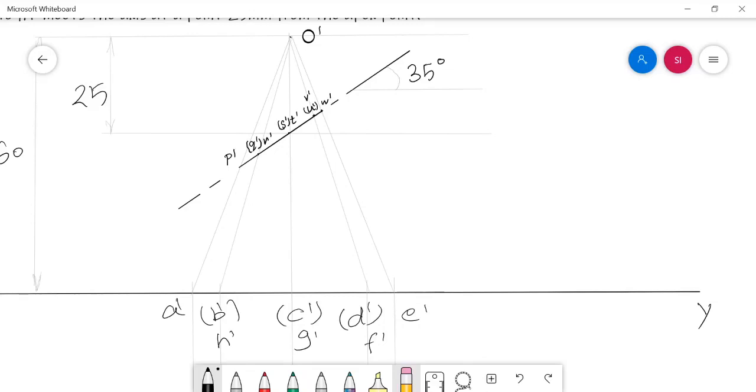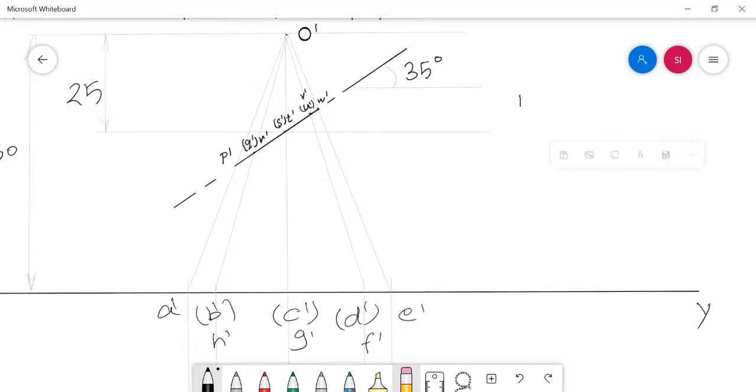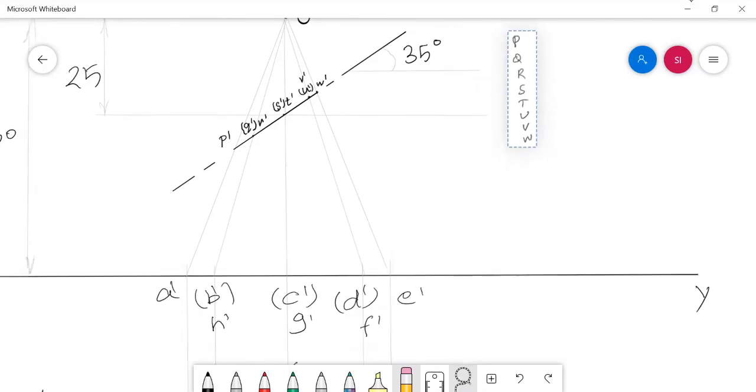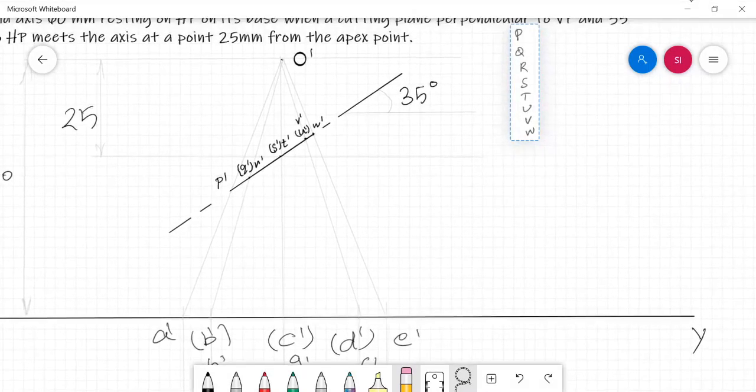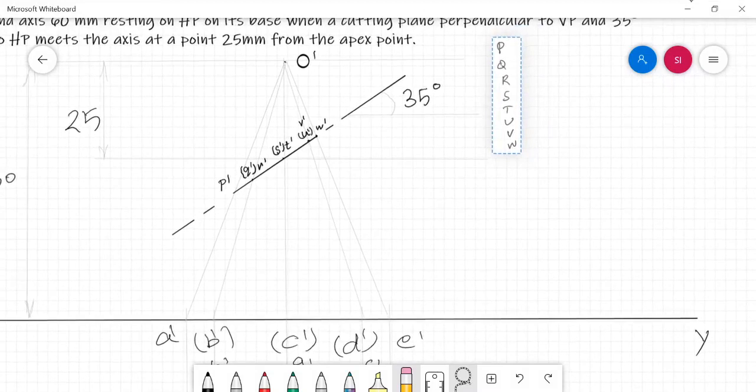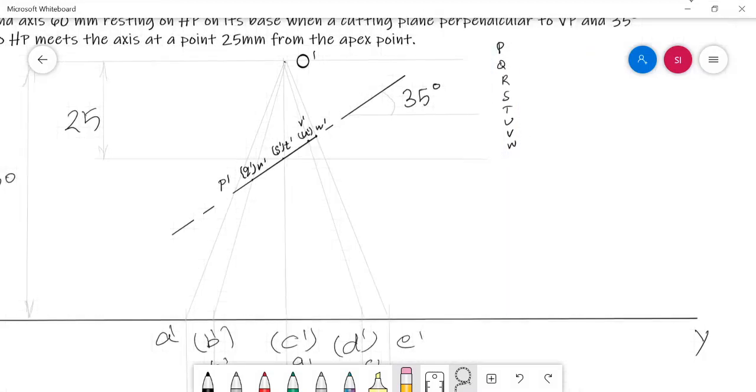For example, here the points P, Q, R, S, T, U, V, W are all the cut points we obtained, and we mark the address for them just for our reference purpose. You need not maintain this in your answer paper, just keep it as rough work.